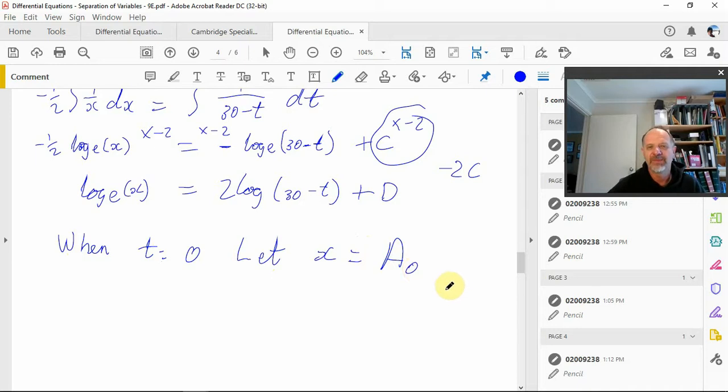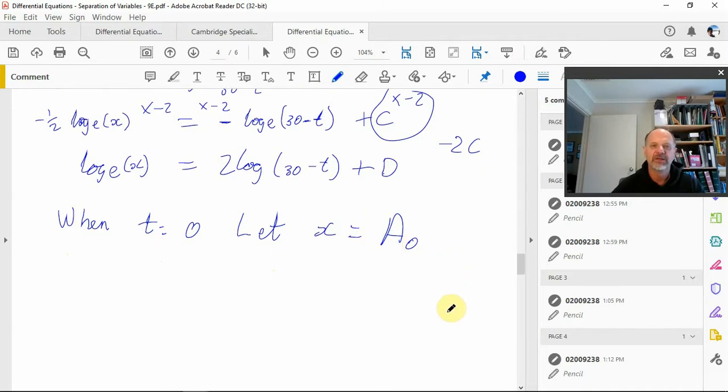Okay, so if we let the amount at the start equal A0, we can now put some stuff in here.